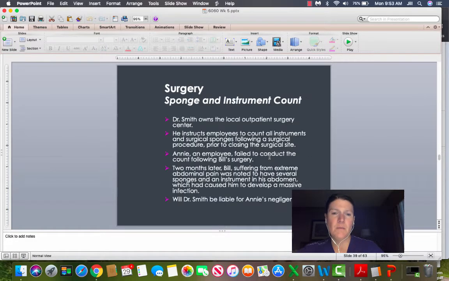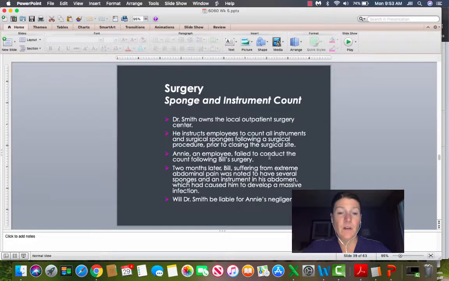I'm going to zip over foreseeability. Here's just another general example. We talk about surgery a lot as being where negligence and malpractice happens, unfortunately. So this is an example. Dr. Smith owns the local outpatient surgery center. He instructs employees to count all instruments and sponges following a surgical procedure prior to closure.